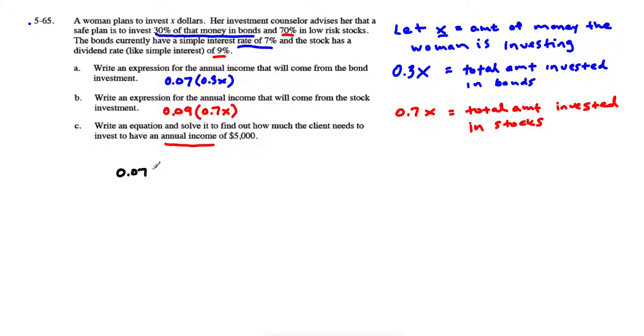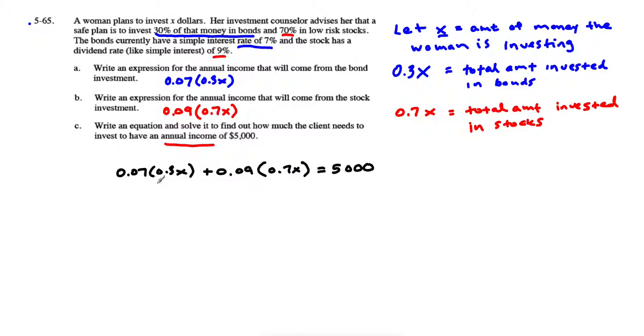0.07 times 0.3x plus 0.09 times 0.7x should equal 5,000. Let's solve it here.